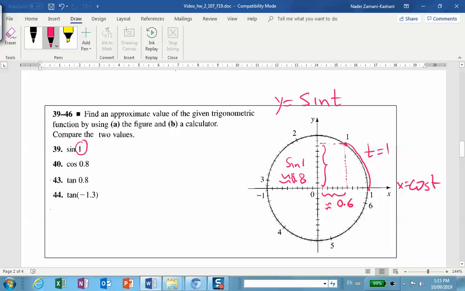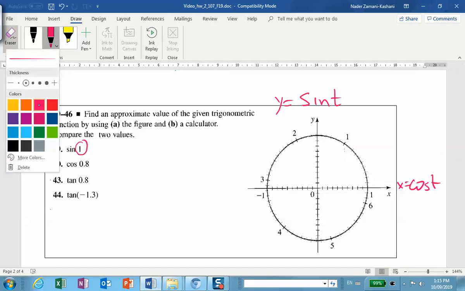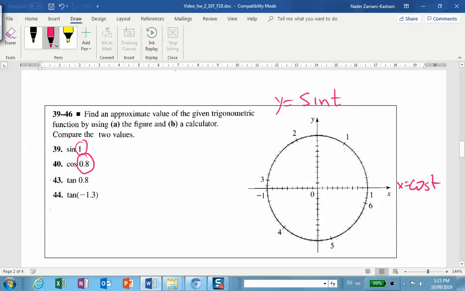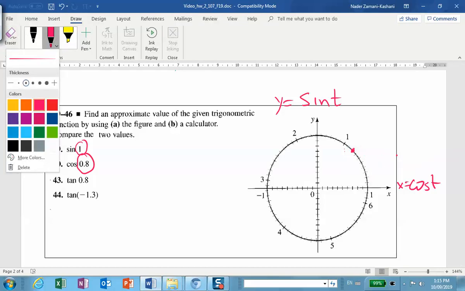Okay, so let me erase these. Go to the next value of the parameter. The next value of the parameter is 0.8. Now, where does 0.8 land you? It's right here. This is t equal to 0.8. If you want the cosine of it, drop down a perpendicular.